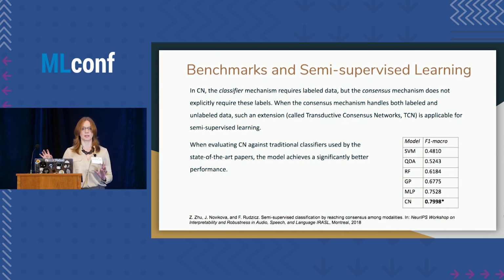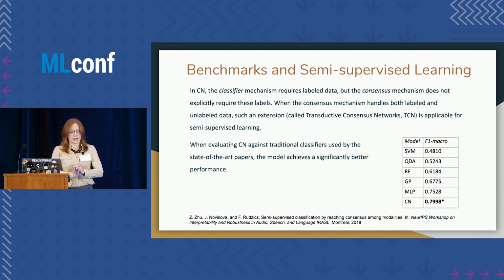It's just a discriminator that tries to distinguish the modality-specific information, and the modality comes from the input features. So it does not need any labels, and in that sense, it can be used in semi-supervised learning.